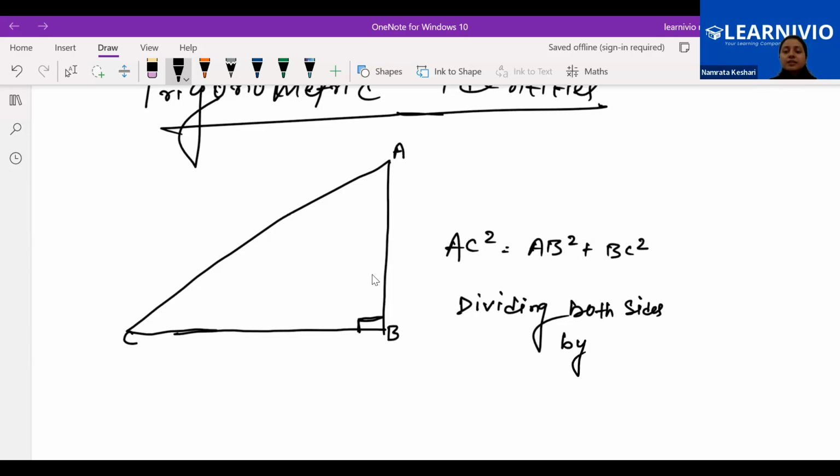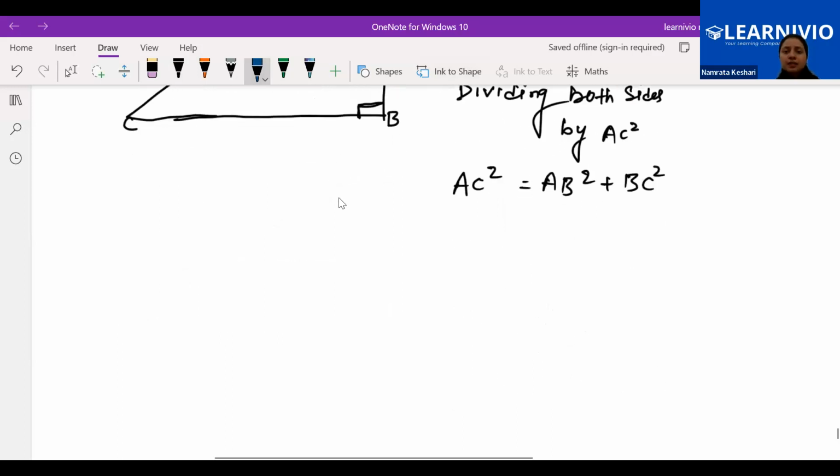So at first we have used the basic Pythagoras theorem, which is known to us from previously. Now dividing both sides by AC square: here is AC square, here is AB square, here is BC square. We are going to divide both sides by AC square, so this is also divided by AC square, and this is also divided by AC square.